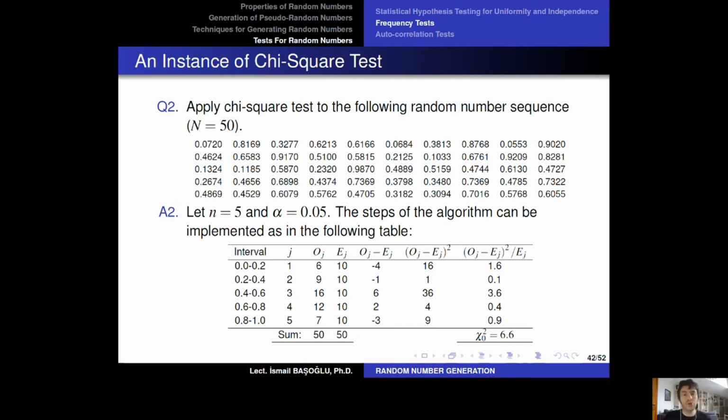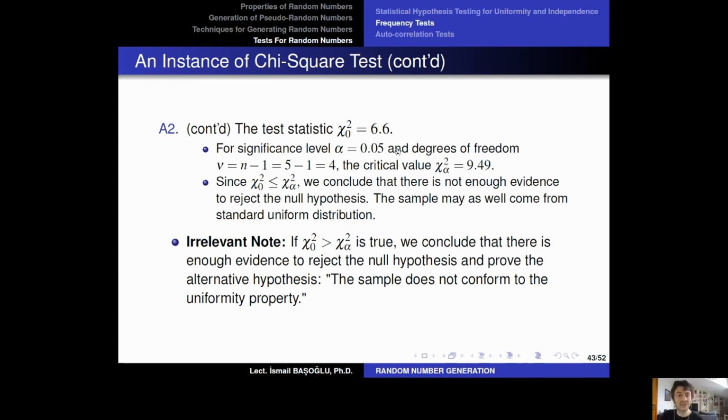Now, what I need to do is compare 6.6 with a critical value that I need to find from my table. So my significance level in this question will be 0.05. And because I have used 5 subintervals, I need to choose degrees of freedom as 4.